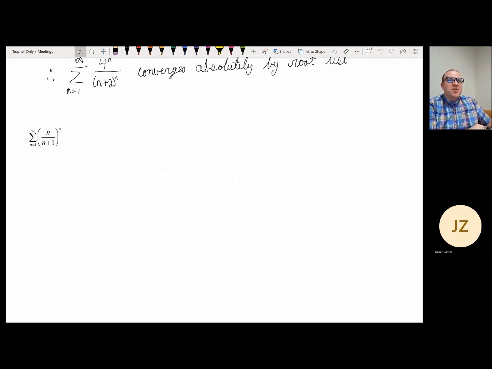Be able to see where this is going. Divergence.